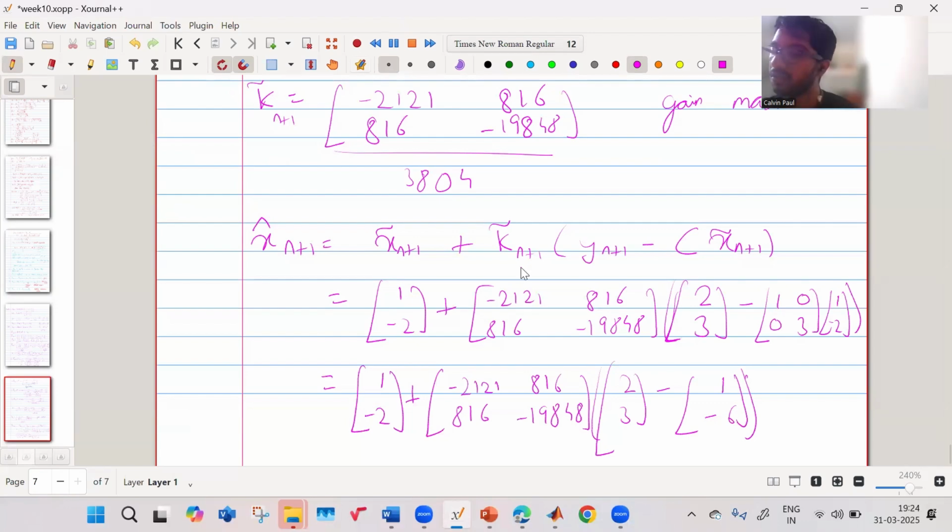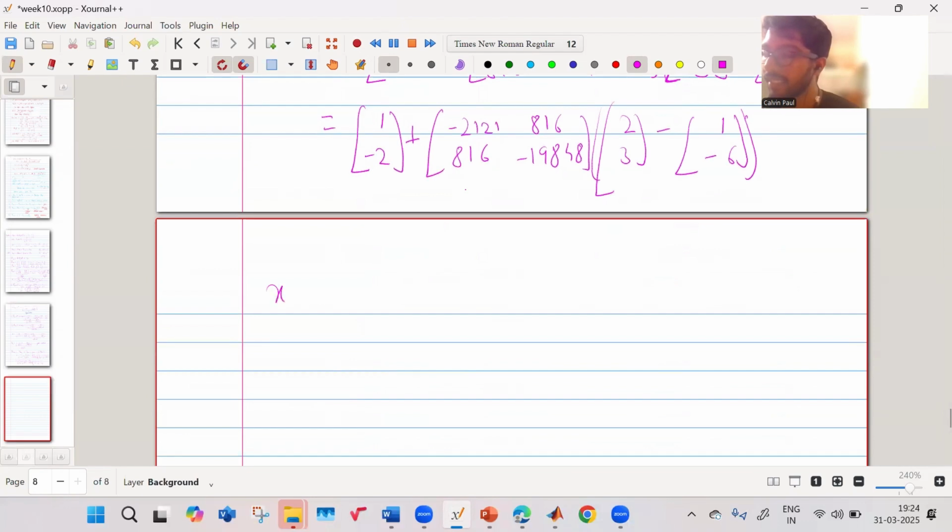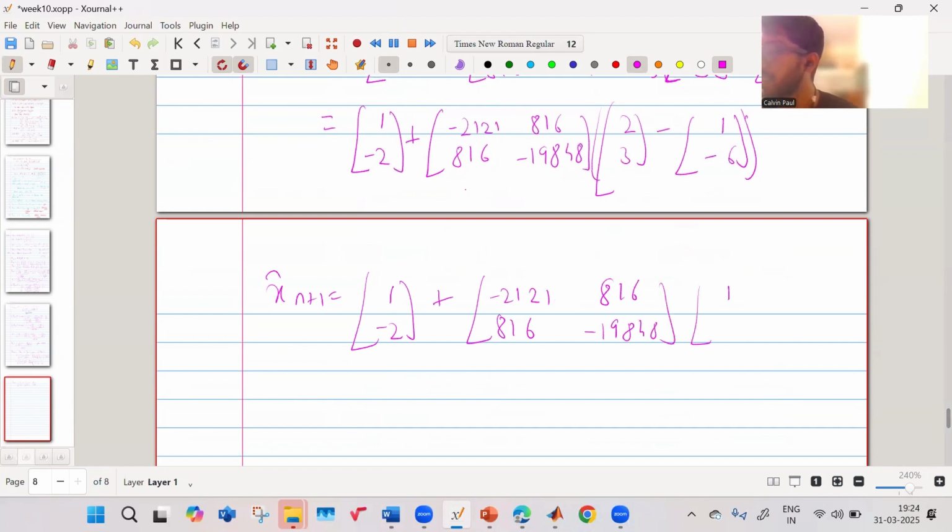Okay, so this x hat n plus 1 is 1 minus 2 plus minus 2121, 816, 816 minus 19848, 1 and 9.